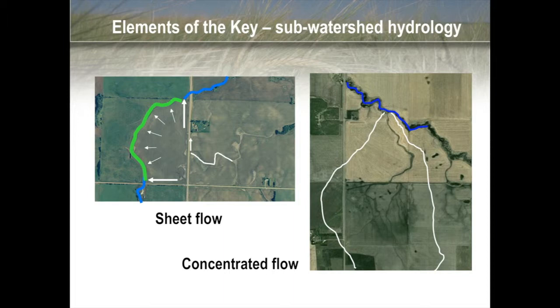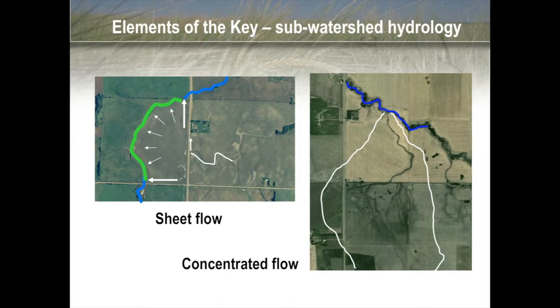But there's still a fairly big field here that could contribute. So we think this is an area that would have a significant amount of runoff. This stream here, you can see again a drainage network that extends well beyond.